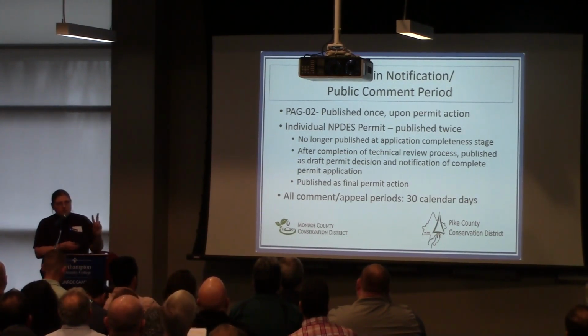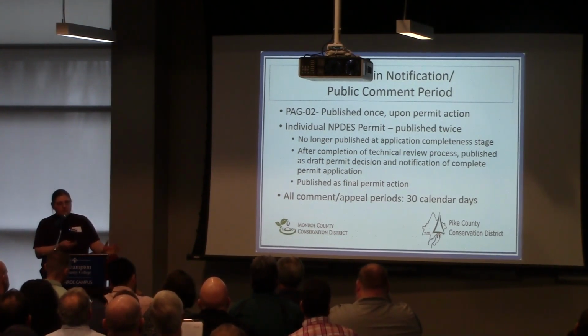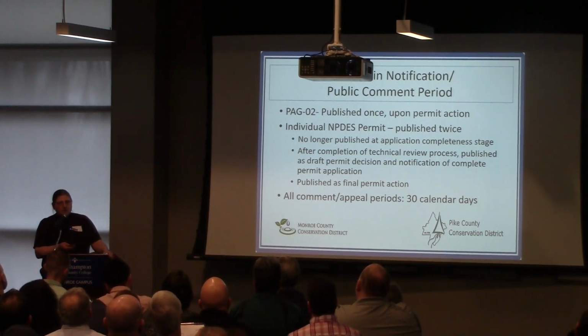This will be both the draft permit decision and the notification that the application is complete. And then the second public comment period will be after the permit is finally issued. So there's a 30-day calendar period that now will be written in at the end of the technical review process.